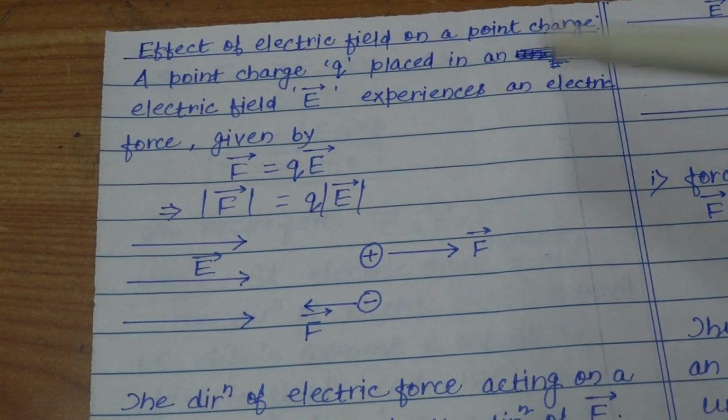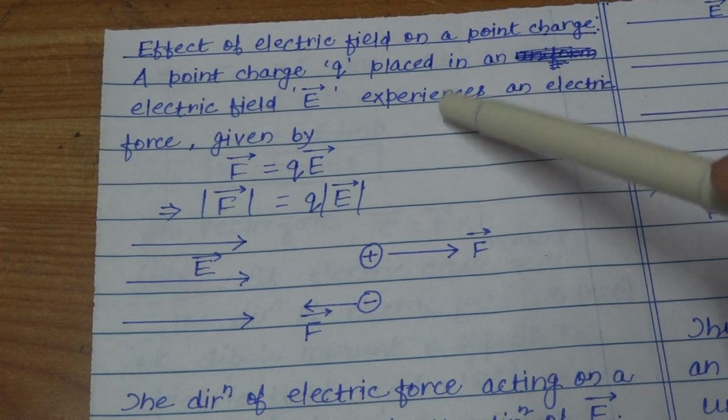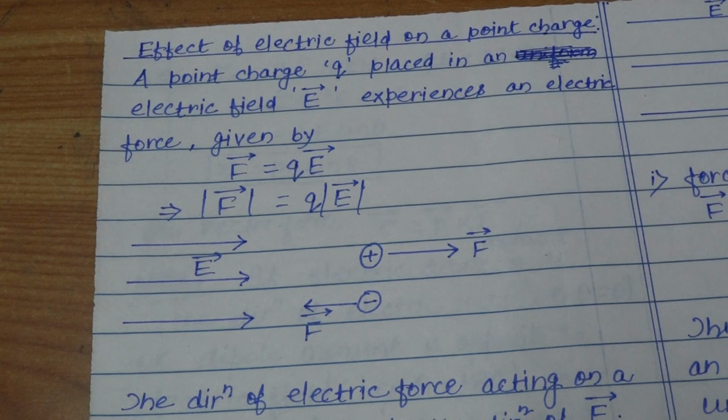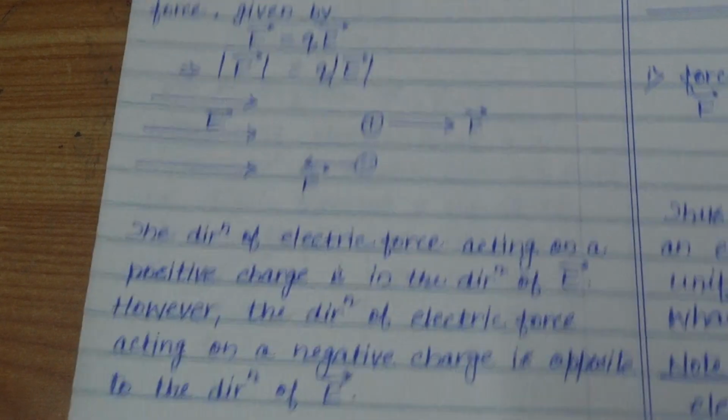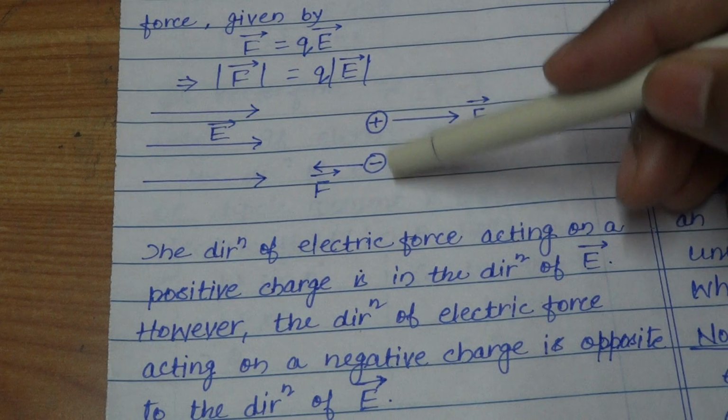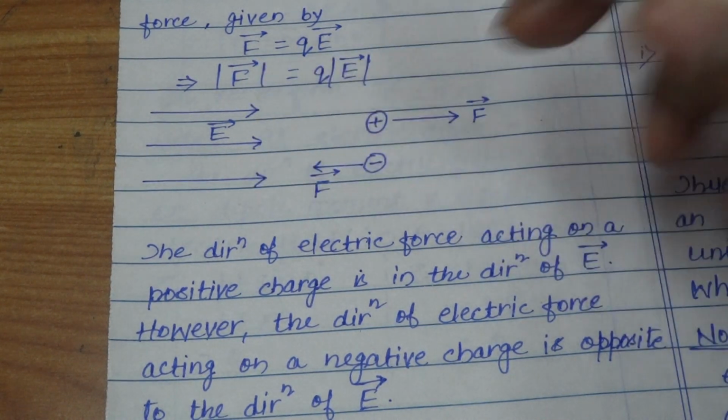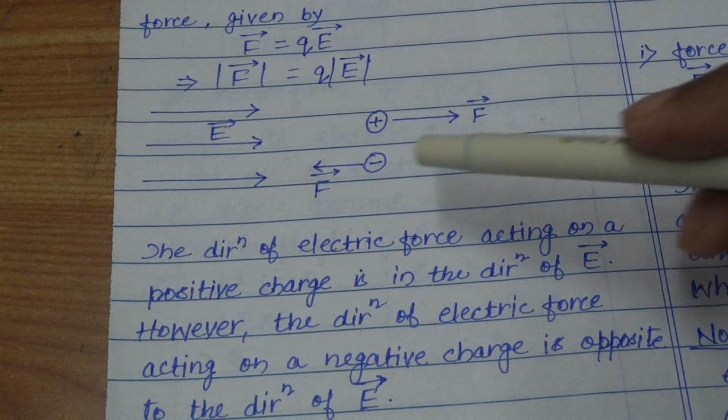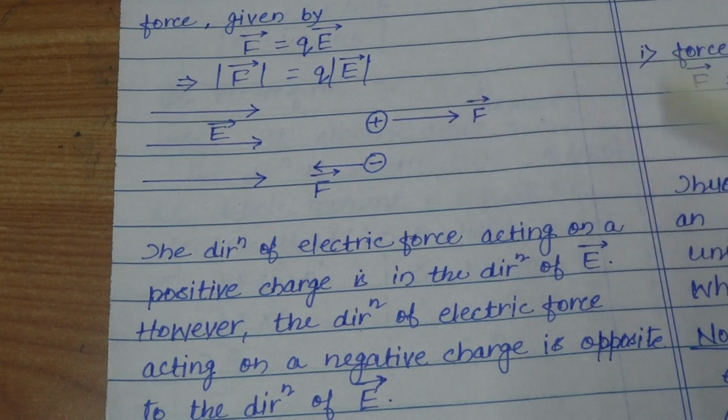Now, as we just discussed, an electric charge placed in an electric field experiences a force. So these two charges are inside a uniform electric field, so these two will experience electric force.